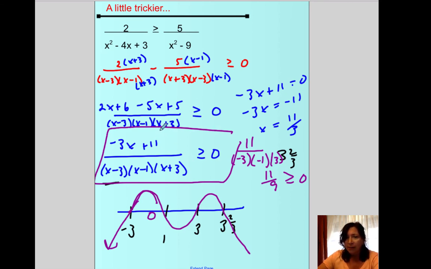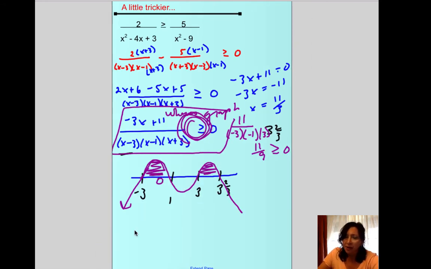So it's going to be, where is my graph greater than or equal to 0? So it's going to be here, and it's going to be here. So now I'm going to plug my values in, so I know it's going to be up here. I know it's greater than or equal to, but you have to remember your asymptotes cannot equal 0. So here's my negative 3. This cannot equal 0.